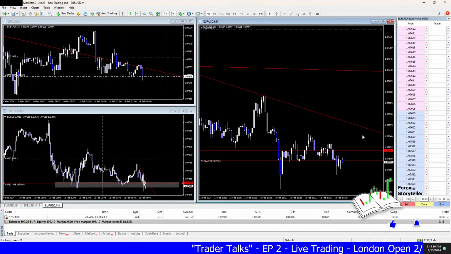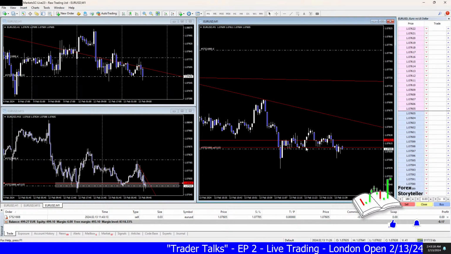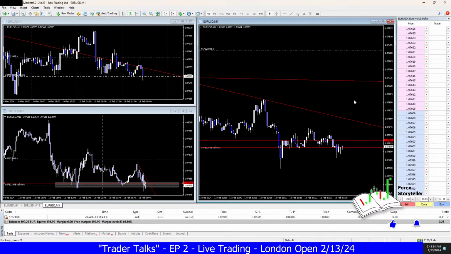Starting to show a bit of rejection off of that support. Looks like it may now potentially become resistance. We'll give that one a short chance.